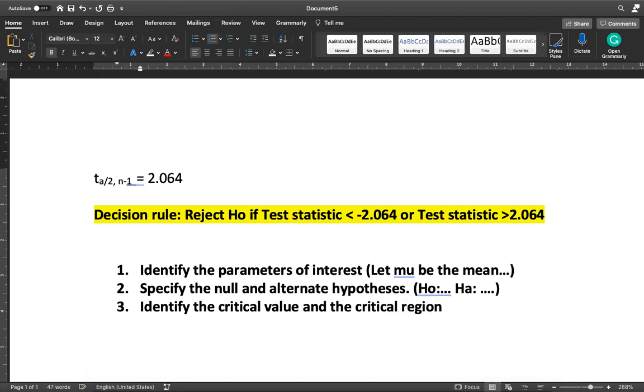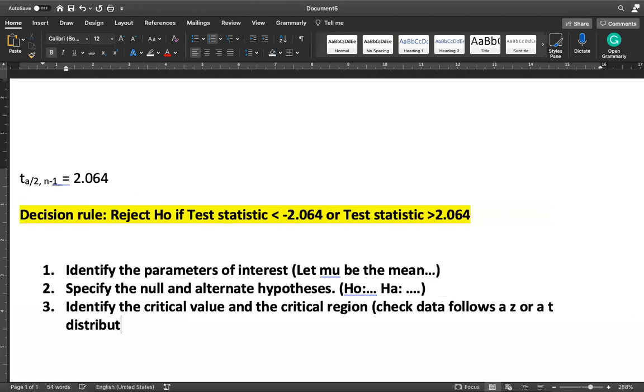Now, this is where you would either check whether data, let me put it this way, whether data follows a Z or a T distribution, right? And we indicated that it is a Z distribution, right?